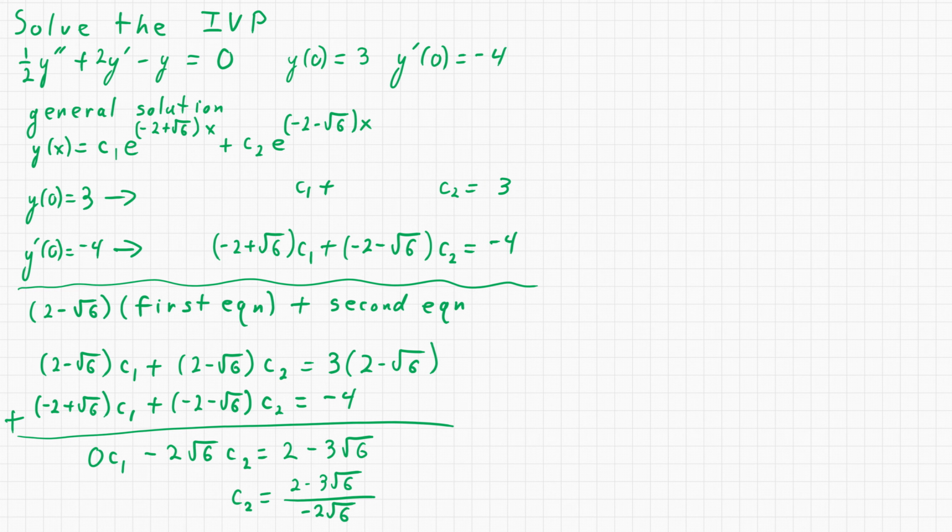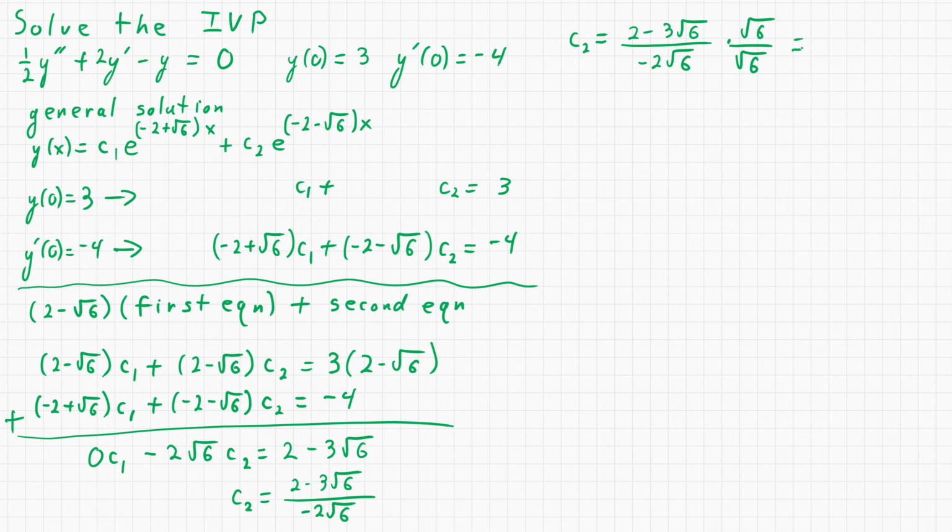Let's try and simplify that as much as we can because we're going to have to solve for C1 as well. So C2 equals 2 minus 3 square root of 6 over negative 2 square root of 6. I'm going to multiply the top and the bottom by the square root of 6 to try and get the square root out of the bottom.